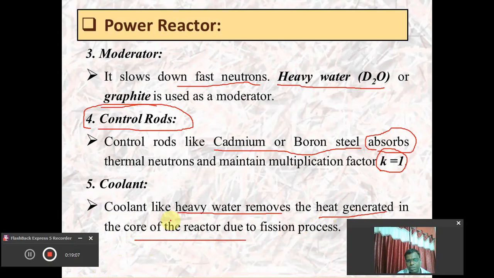The material which removes the heat generated in the reactor is called the coolant. This excess heat generated in the core during nuclear fission is removed with the help of the coolant, and particularly heavy water is used for this.